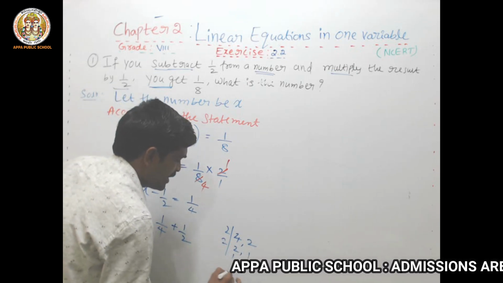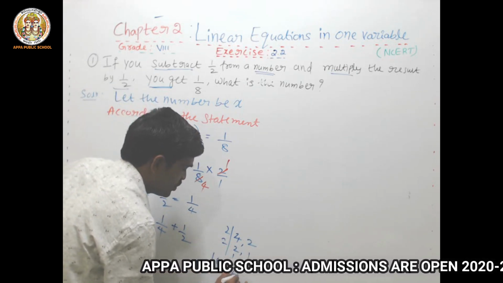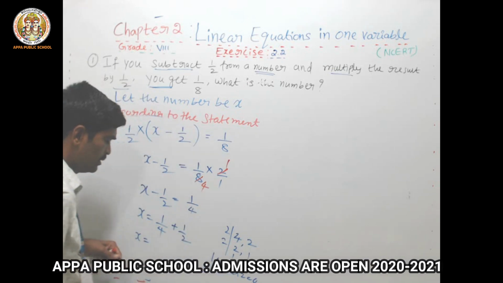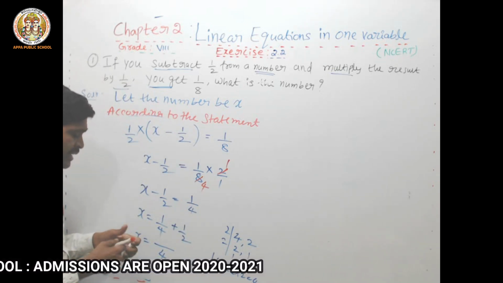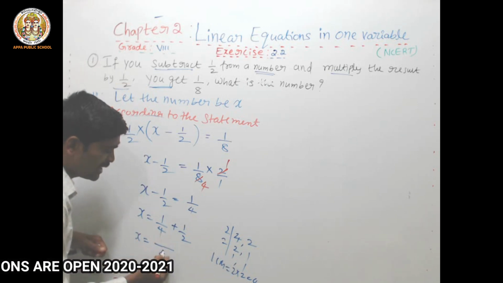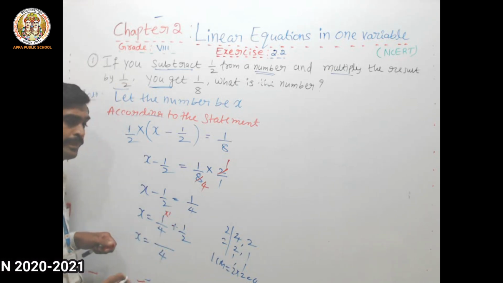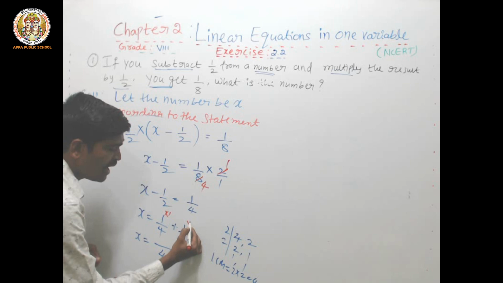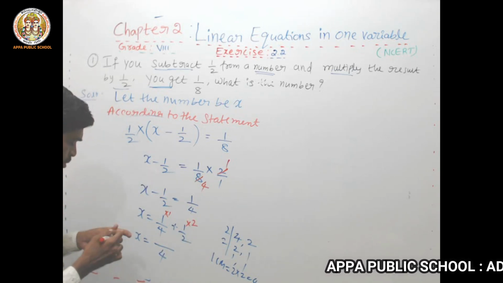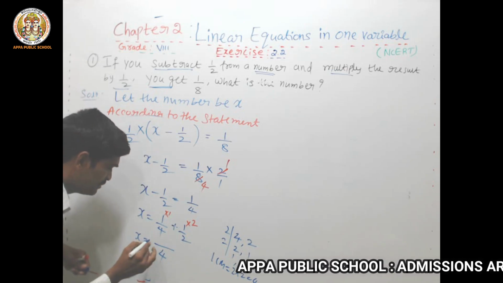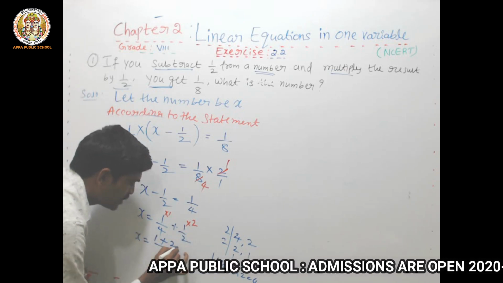Again 2 1s are 2. When you get 1 1, you have to stop. Again 2 into 2 should be 4. Here we have to write 4. Here 4 is already there. Then which number do we multiply 4 by to get 4? That should be 1. Here 2 is there. Which number do we multiply 2 by to get 4? That should be 2. So 1 1s are 1 plus 2 1s are 2.